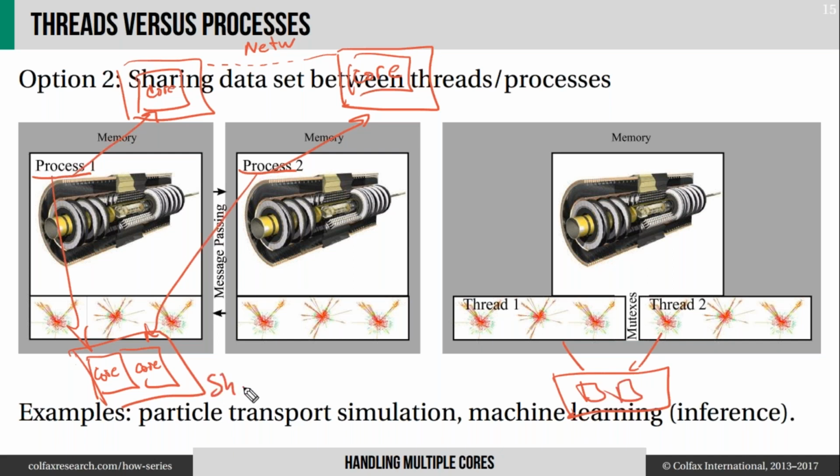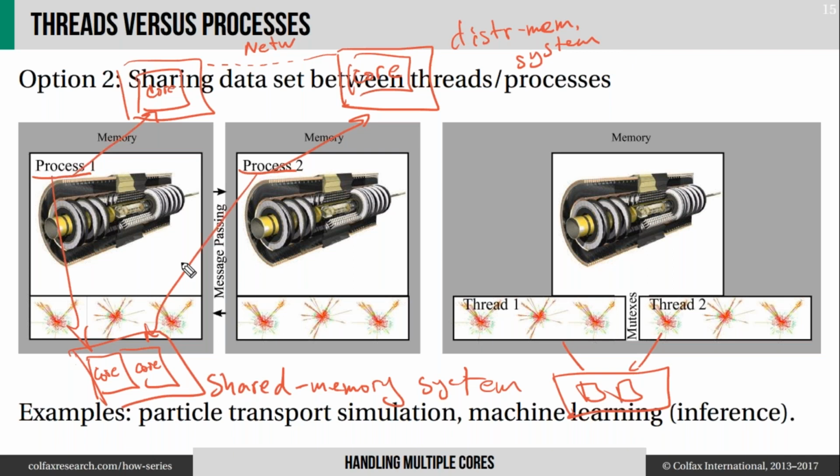So this is shared memory: a system, for example, a multi-core machine. And this is a distributed memory system, such as a cluster. So multithreading is also only available with a multi-core machine.